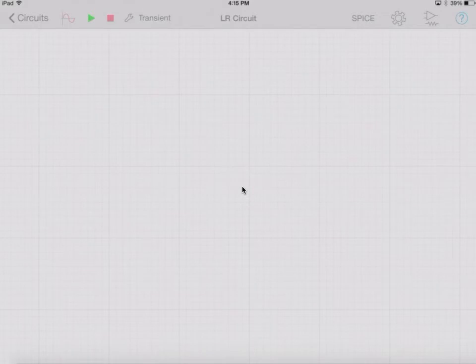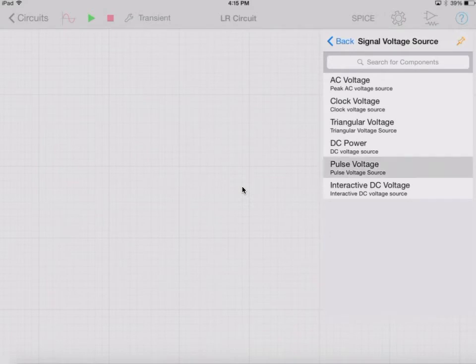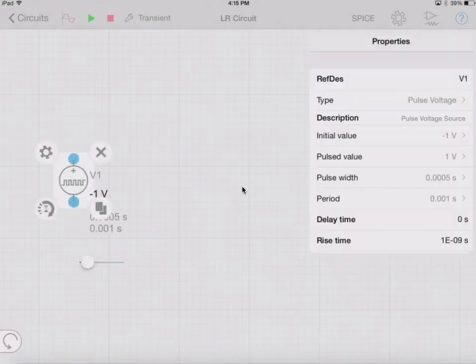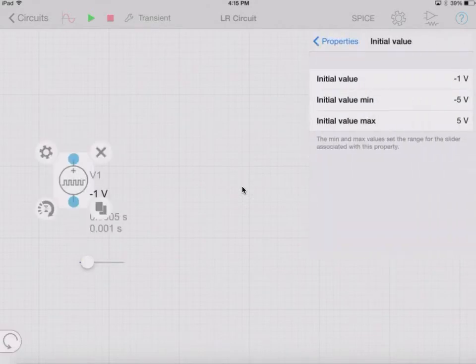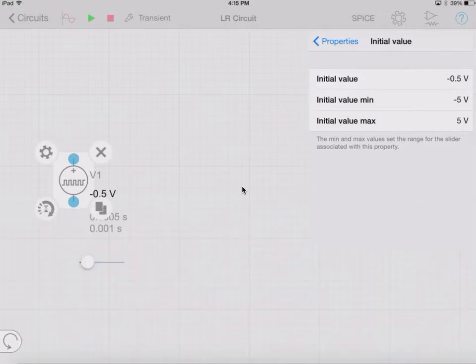All of the components are not going to be the same. So when we think about our voltage source, this is going to end up being a pulse generator. And we'll change this pulse generator to an initial value of a negative 0.5 volts.